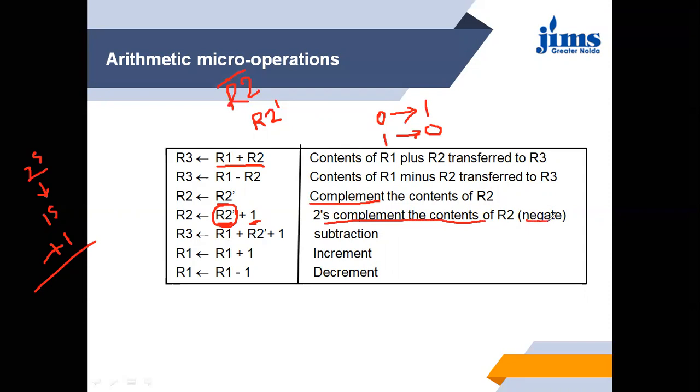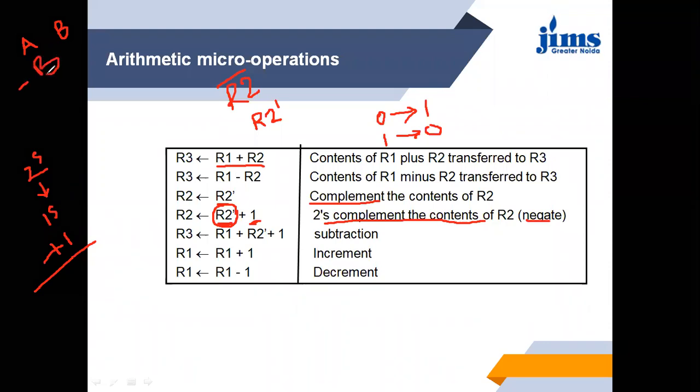When we have to subtract numbers, we add the negated number. Suppose I have to subtract register value b from a; I will write a minus b.